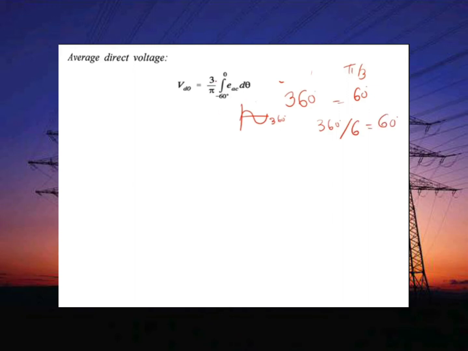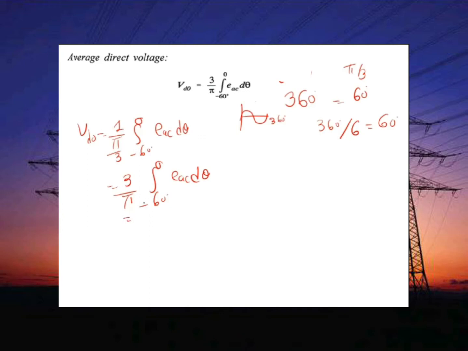And therefore we write here VDO is equal to 1 upon pi by 3 integration over the conduction period of EAC d theta. So we take 3 upon pi, integral from minus 60 to 0 degrees of EAC d theta. So we get this equation. Now what is EAC?